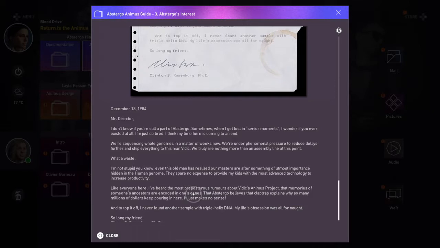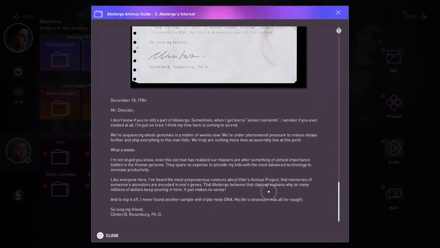This guy has a PhD, and he thinks it's a preposterous idea that you could have memories in your genes. Abstergo believes that claptrap explains why so many millions of dollars keep pouring in here. It just makes no sense. And to top it off, I never found another sample with triple helix DNA. My life's obsession was all for naught.